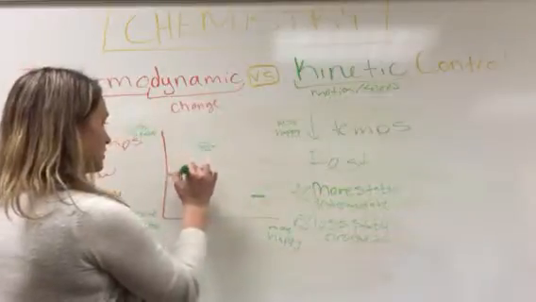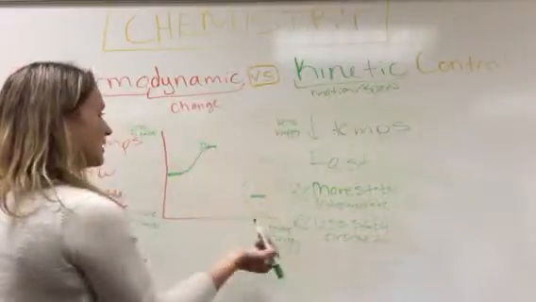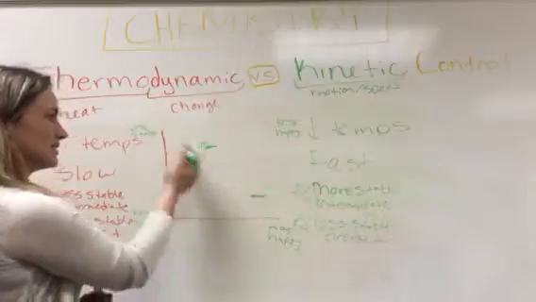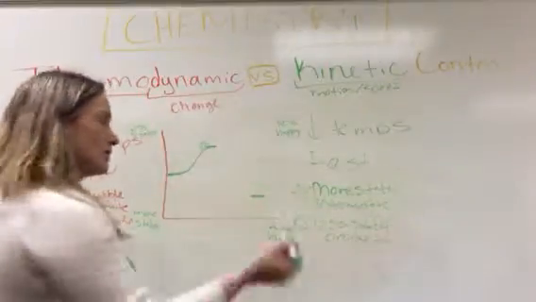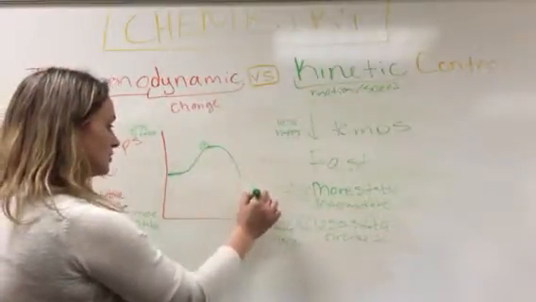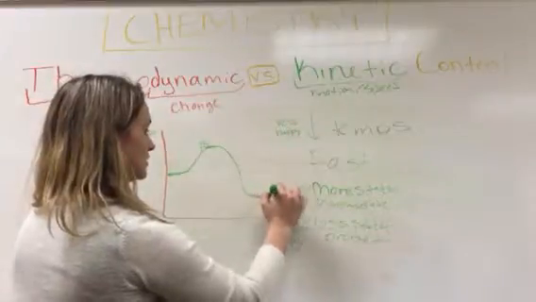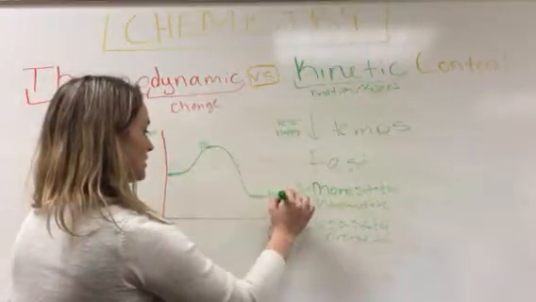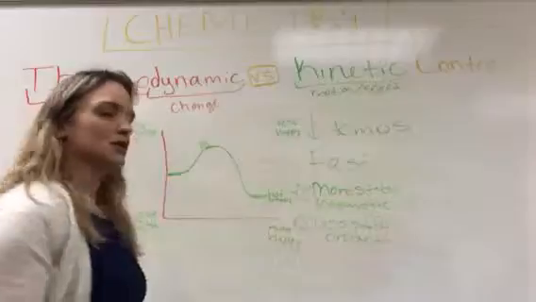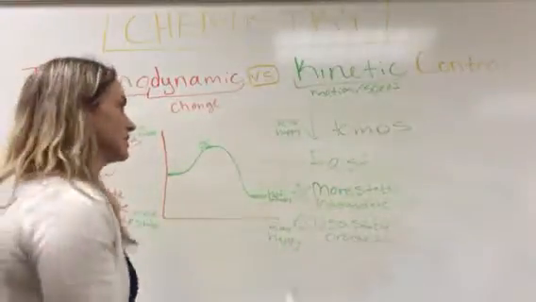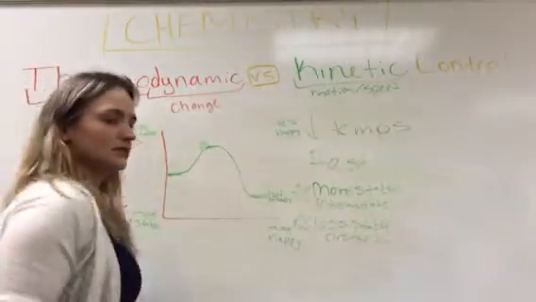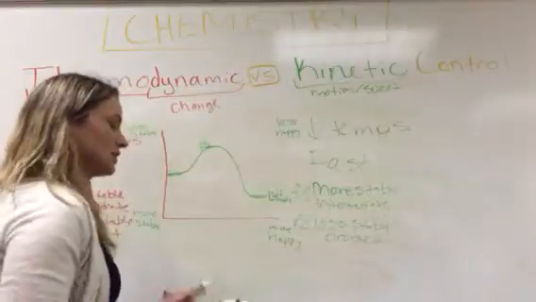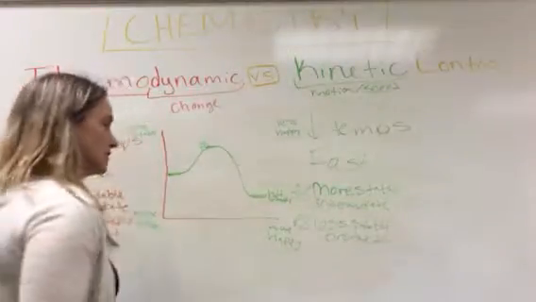So you're going to go up here, spend the $5, so you're less stable at this point because you have to spend all of your money, and then you end up over here with your Hot Wheels car. And that happened pretty quickly. That was the kinetic product because you just went up and spent your $5 and you ended up with your Hot Wheels car.